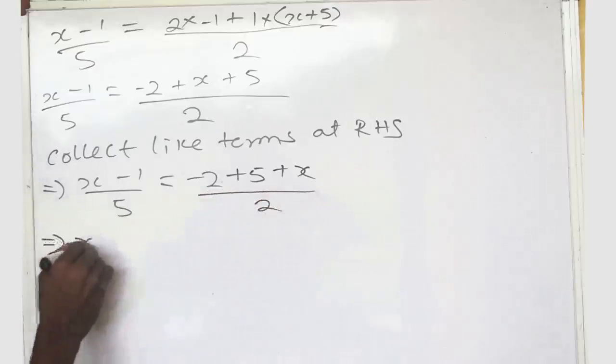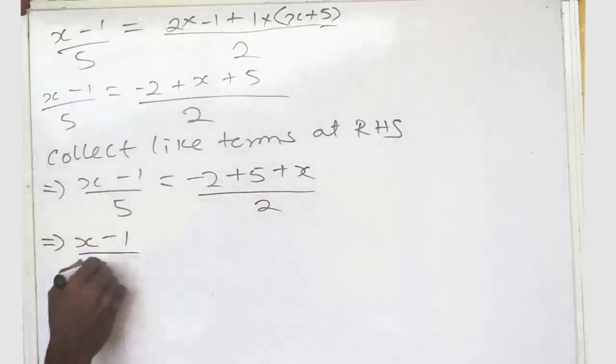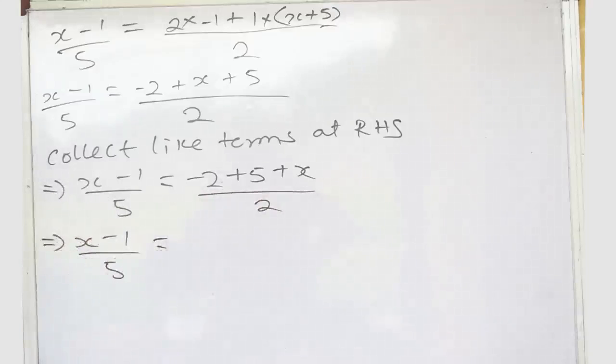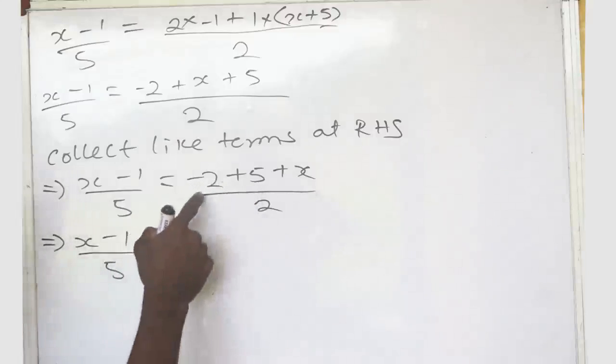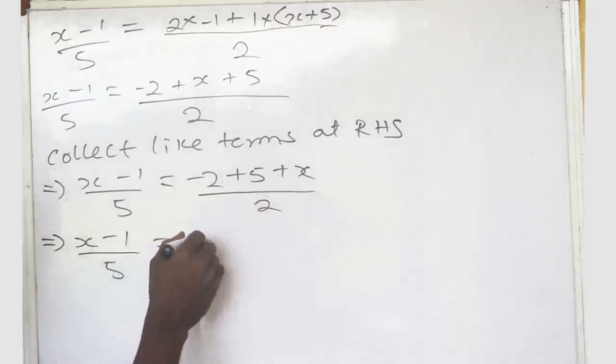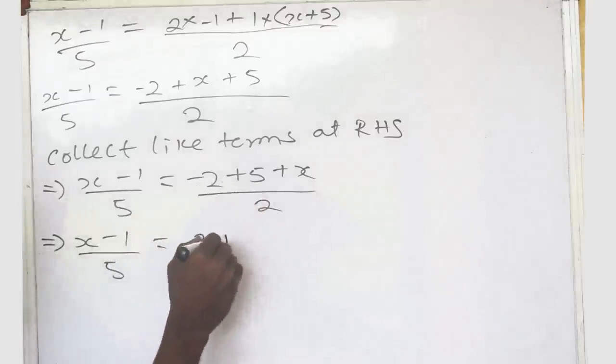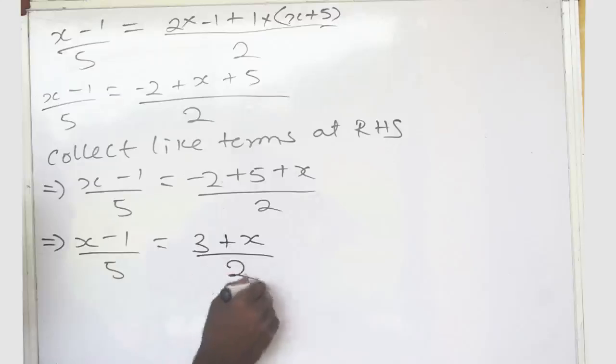So it implies that x minus 1 all over 5 will be equal to minus 2 plus this. Minus means you are owing, plus means you are paying. So it will be what? 3, or you can say plus 3 plus x all over 2.